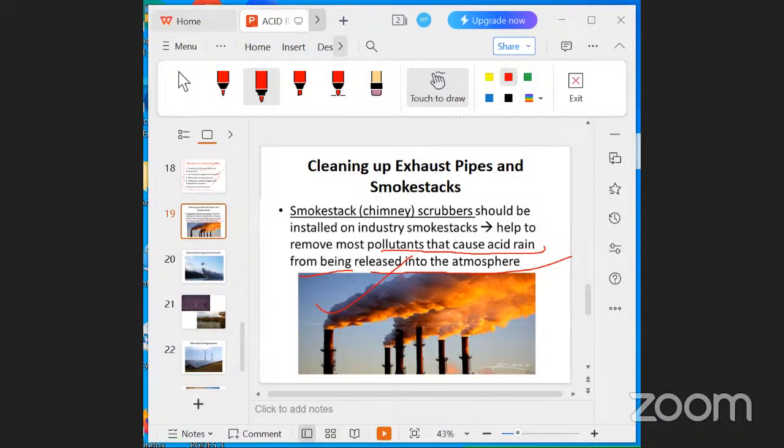Sulfur dioxide and nitrogen oxides are the chief contributors to acid rain. Burning coal largely accounts for sulfur dioxide emissions, while nitrogen oxide emissions are mostly from fossil fuel combustion.